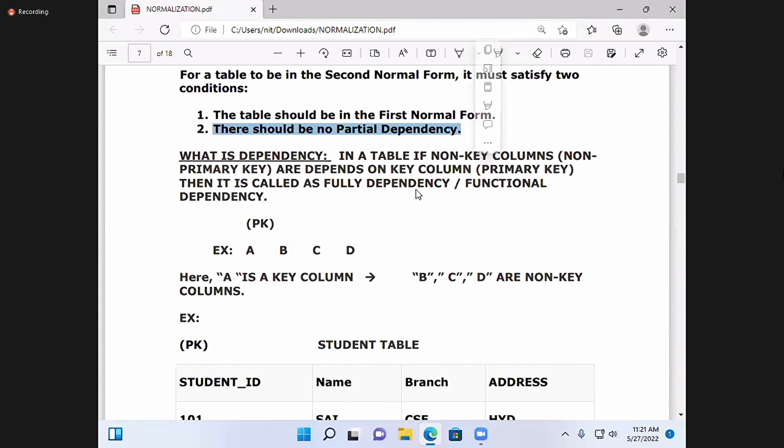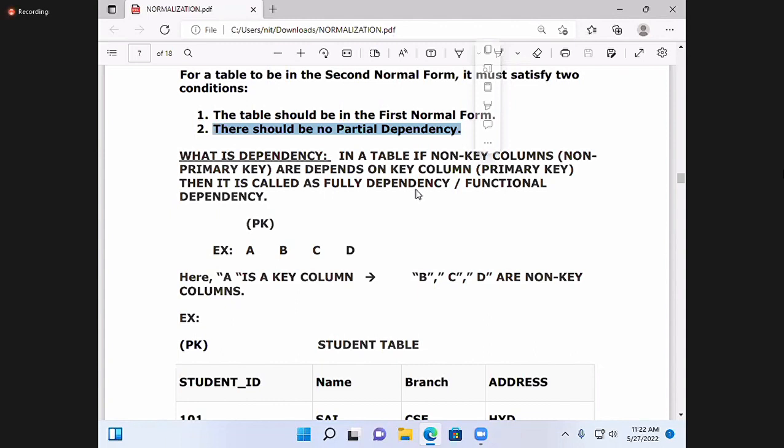Suppose in your table you have partially dependent columns, then immediately those columns we need to remove. Understand? Suppose in your table you have fully dependent columns, then don't remove them, you can carry on. Yes or no?